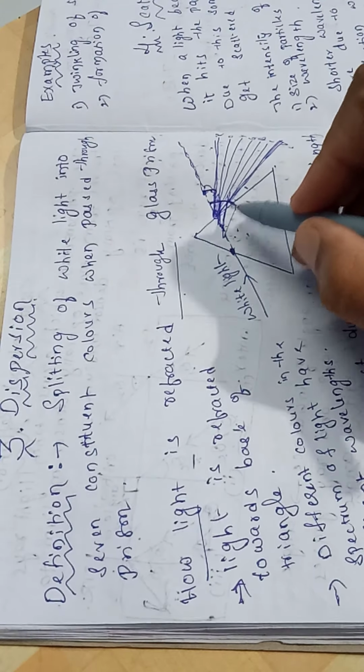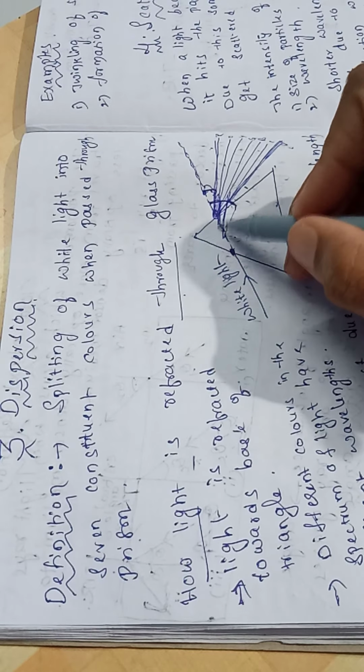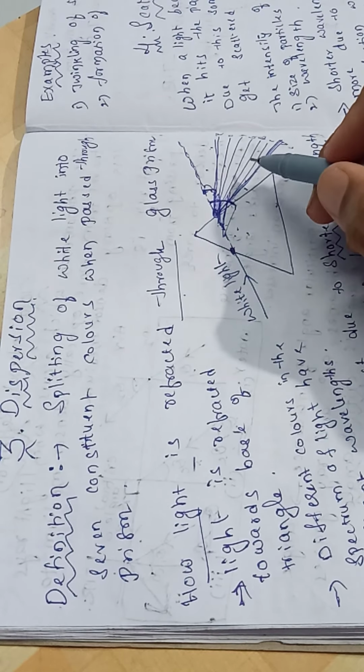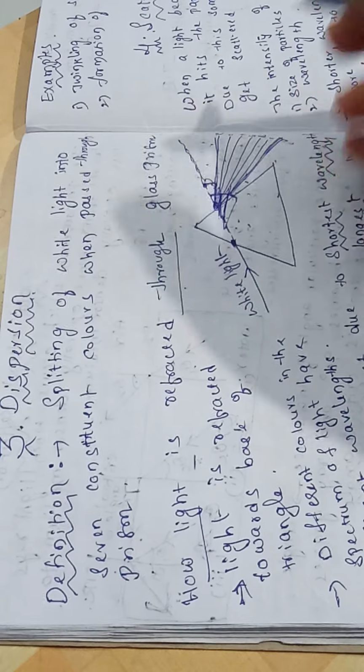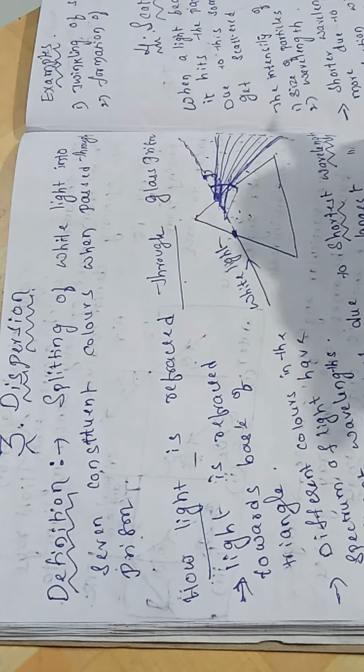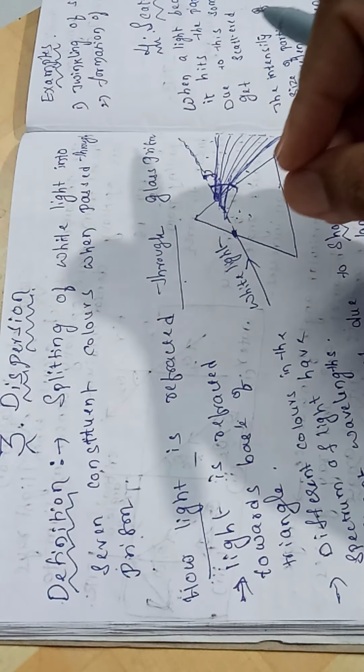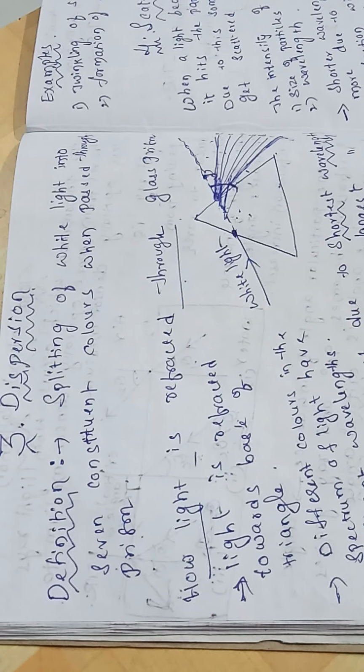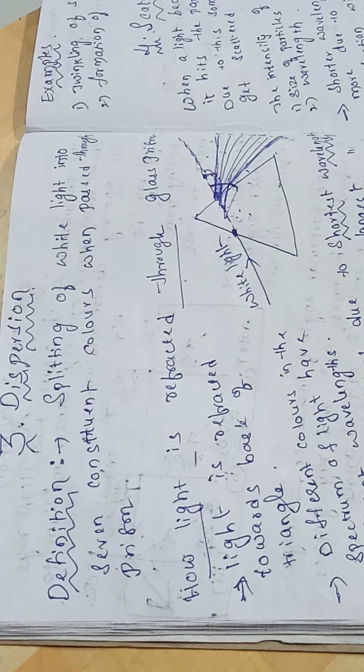One will reach first depending upon the wavelength, the other will follow. In such a way, depending upon the wavelength, they follow their own path. So when light is incident on the prism, it splits into different colors only because the refractive index changes with wavelength as well as the frequency of light. Right?